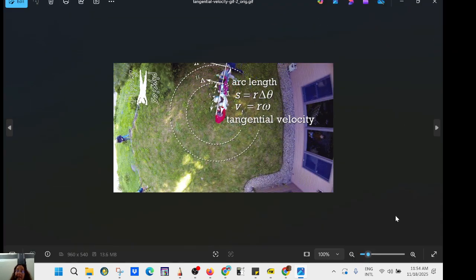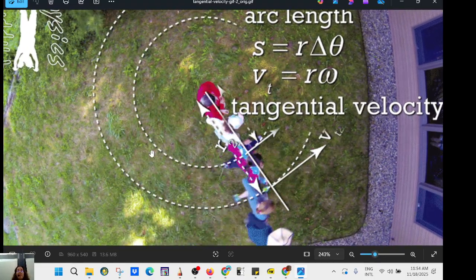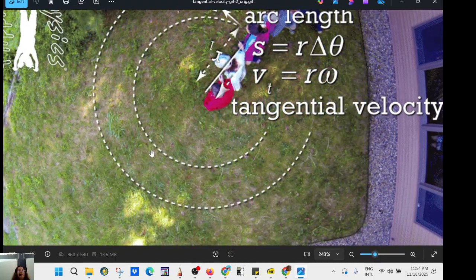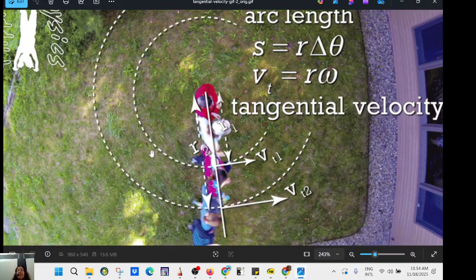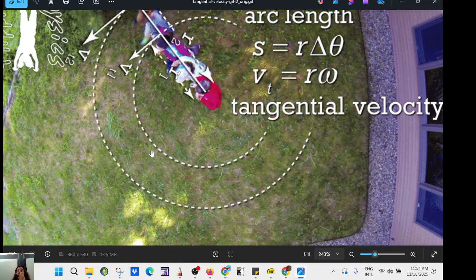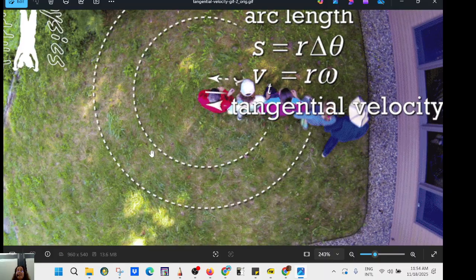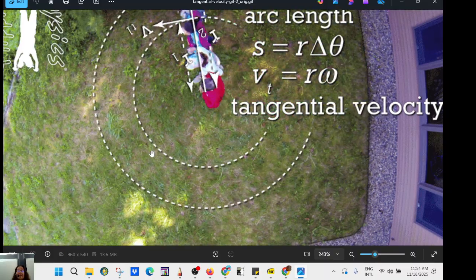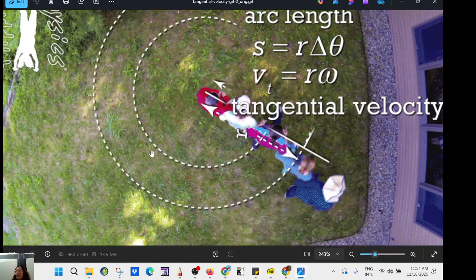Does it make sense? Do they have the same rotational speed or angular speed? Yes, they are spinning at the same rate, meaning they are sweeping out the same angle per second, or the same number of revolutions per second. But do they have the same linear speed?